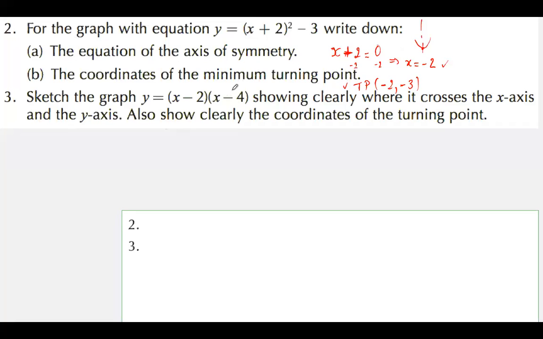So if it's not given to you in completed square form, the other thing that you get from this is what we call the roots. And the roots are the x-intercepts, rather than the y-intercept. The x-intercept is 0 equals (x minus 2) times (x minus 4).